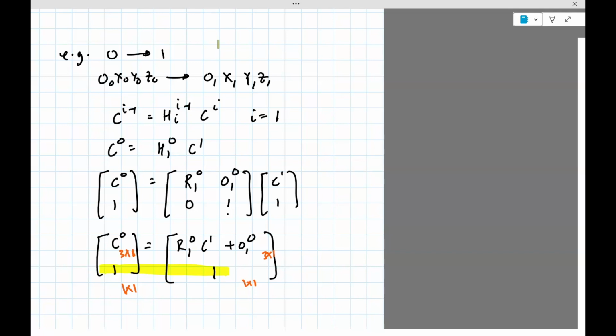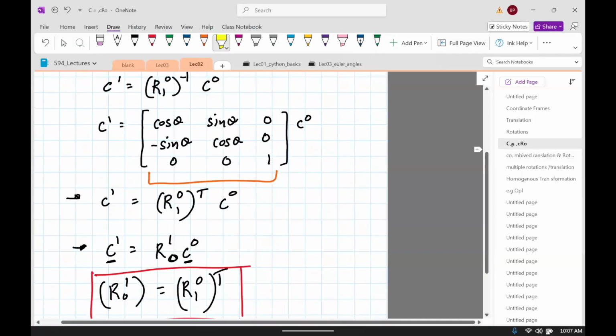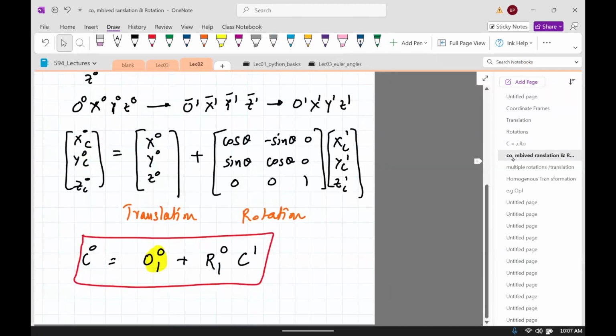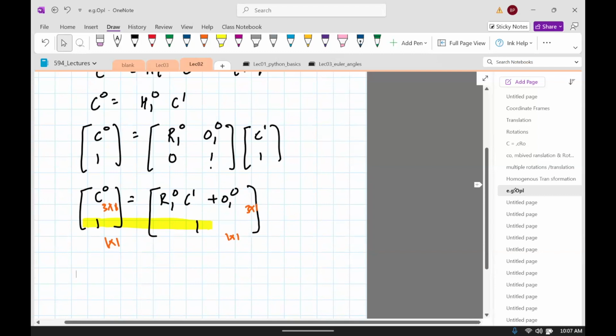But really what we're after is the first row: c0 is R_1^0 c1 plus O_1^0. That was exactly the formula we wrote down earlier. So the homogeneous transform was able to represent movement from frame 0 to 1, and this is in agreement.